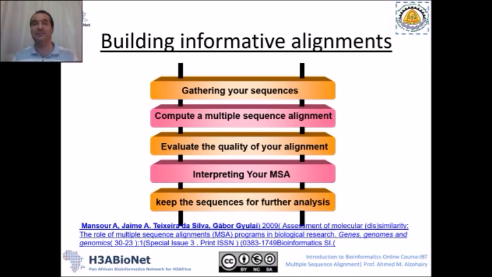Interpretation is a very important step, and in this step you have to use all your information, all your background in biology or even computer science to get all the data you'd like to interpret. And number 5 is to keep the sequences for further analysis in the future. This is a very important step, because you may use other programs to confirm your first result or something else. We will start with gathering your sequences, and we finish by keeping the sequences that you have already gathered.